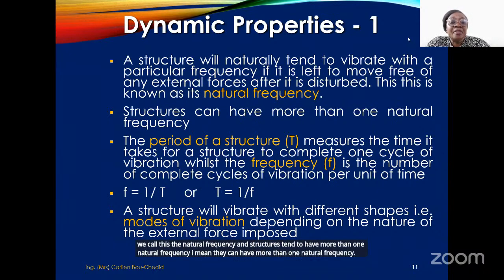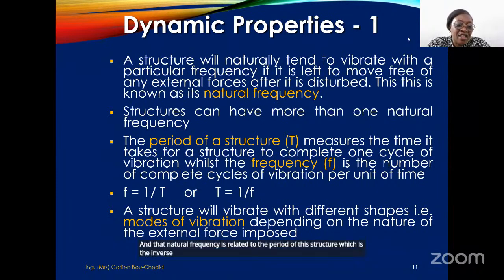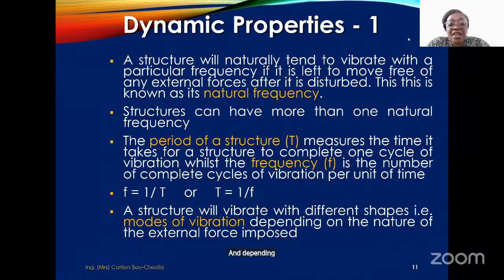That natural frequency is related to the period of the structure, which is the inverse of the frequency. A structure will vibrate with different shapes, called the modes of vibration, and depending on the nature of the external force imposed, it will exhibit one mode or the other, or a combination of modes.